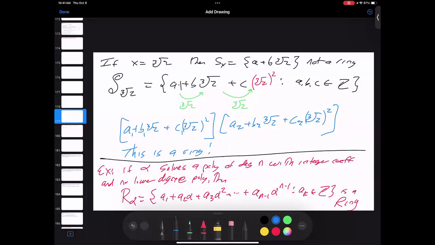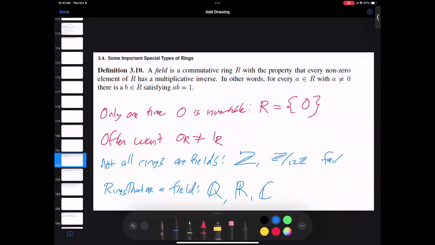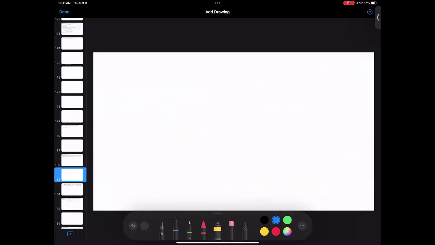And again, rather than doing something in general, try doing something particular first. Let's say I give you a plus b square root of negative 5. Is that a field? Is the set of a plus b square root of negative 5, with a and b in Z, a field?